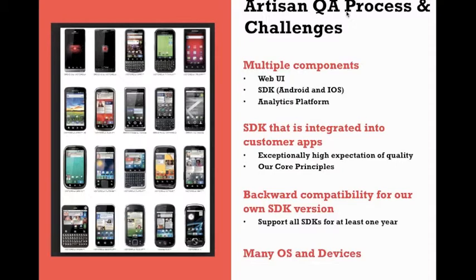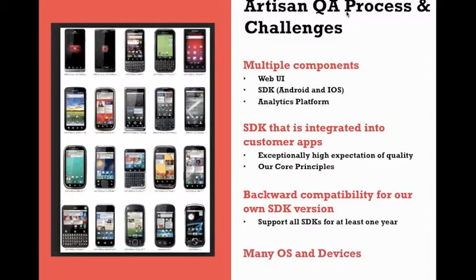So, in addition to those things, we're ensuring backward compatibility for our own SDK. We've released 20 versions over the last year and a half for our 1.x platform. We had one product called Optimize that we've had out there, and we've released 20 versions of it. So enhancements, features, fixes, things like that we're guaranteed will not break for at least a year in the past.